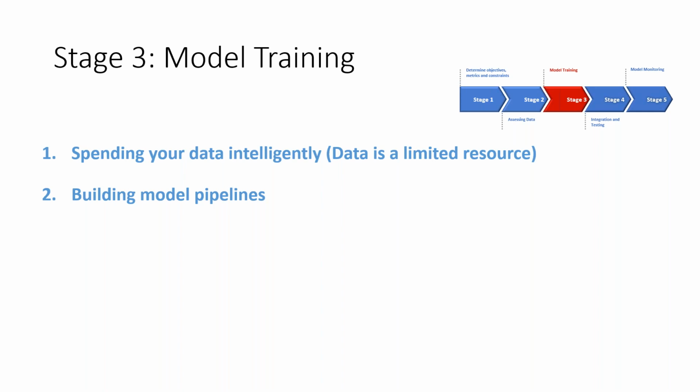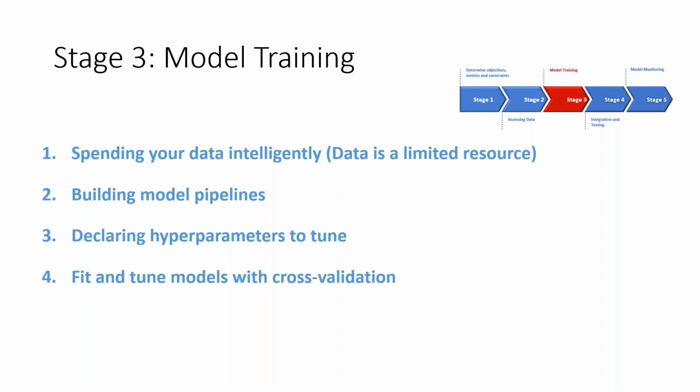This whole process looks very, very complicated. That is where you have to build model pipelines. Again, don't worry, we'll talk about all of those things. Then declare hyperparameters to tune, then fit and tune models with cross validation, that is, how train and test splits work and how to use them in a process of cross validation.